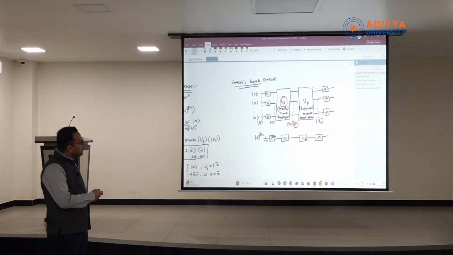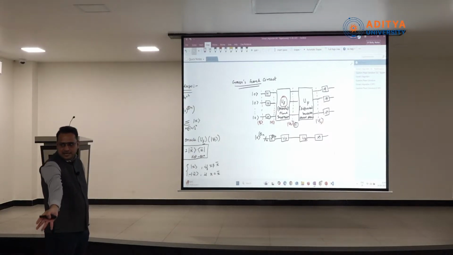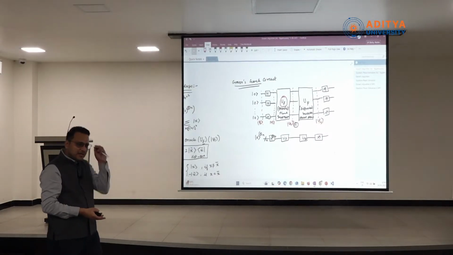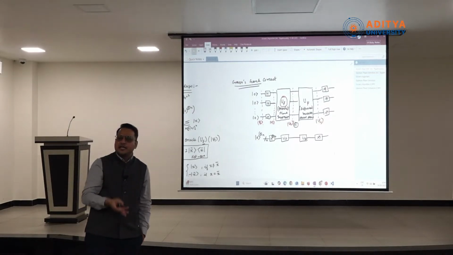After applying Hadamard, what to apply? Oracle. The oracle will perform phase inversion, which means it would flip the target state. After that, the diffusion operation. The diffusion operation will perform the amplitude amplification task, using constructive or destructive interference patterns.